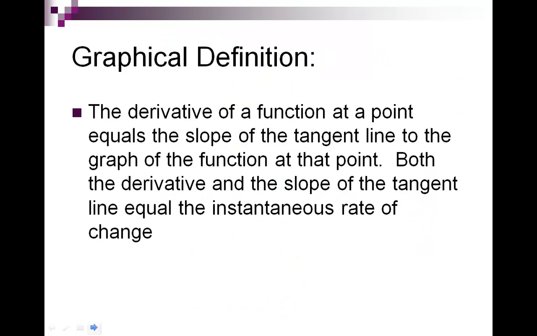The graphical definition is that the derivative of a function at a point equals the slope of the tangent line to the graph. So both the derivative and the slope of the tangent line equal the instantaneous rate of change. Please write that down as well. So we have two definitions. One is our f prime of x, or f prime of c, if we're looking for a specific value of c.